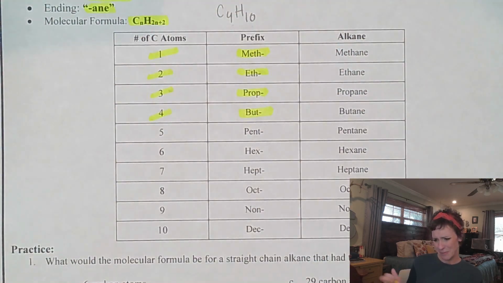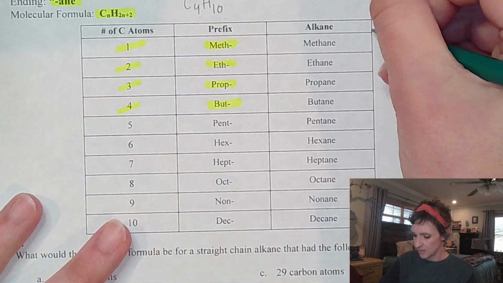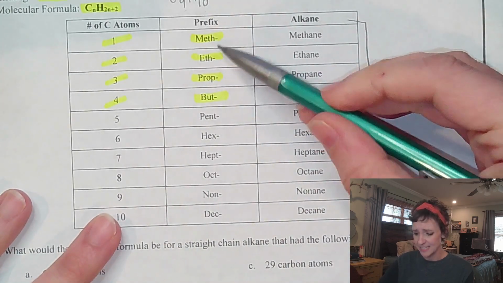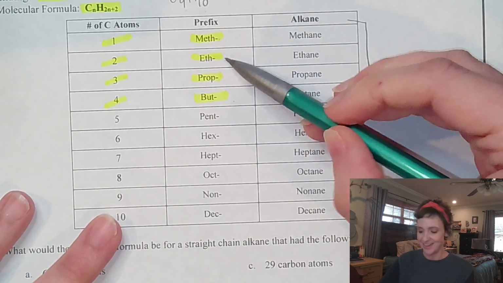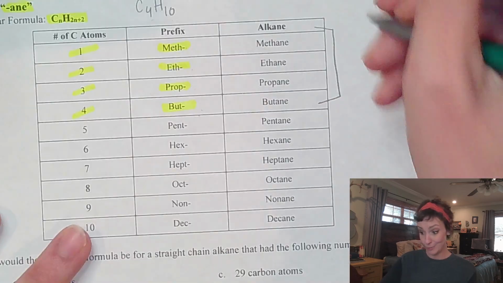And the way that I remember this, meth, eth, prop, but, this makes no sense, but I luckily am too old to feel embarrassed anymore by this. The way that I think about this is I think "me eat peanut butter" for methane, ethane, propane, and butane, because of the MEPB. So we will write that.